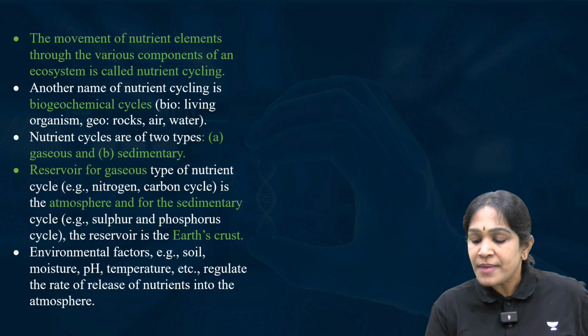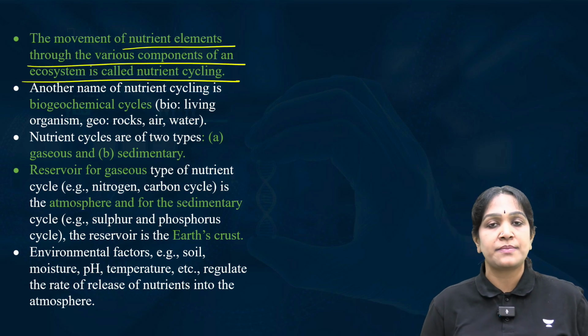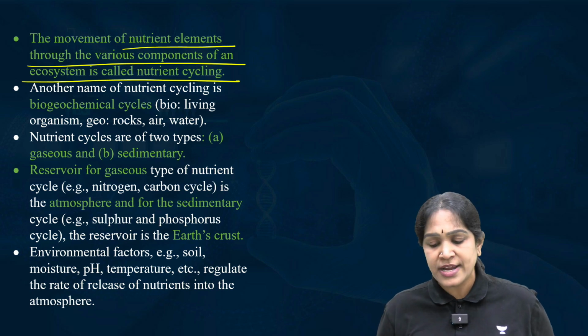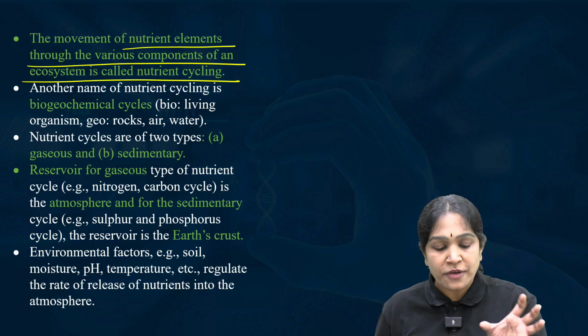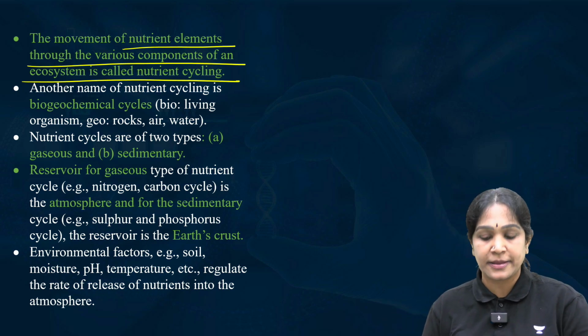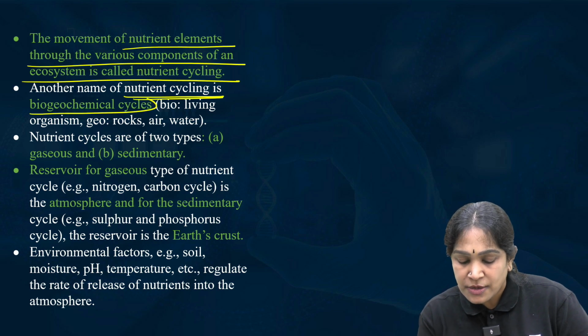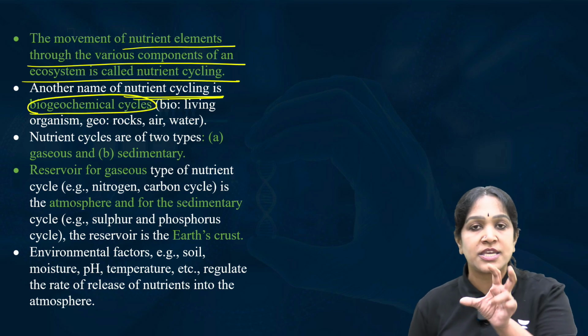The movement of the nutrient elements through various components in an ecosystem is called nutrient cycling. Another name for nutrient cycling is biogeochemical cycle.